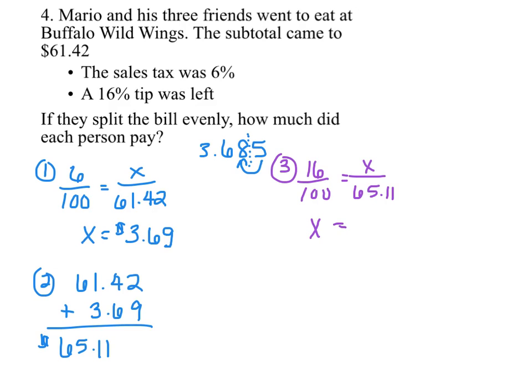So the tip is going to be $10.42 because of rounding. Tip is more money that we're paying, so we're going to take $65.11, add it to the $10.42, and we will get $75.53.